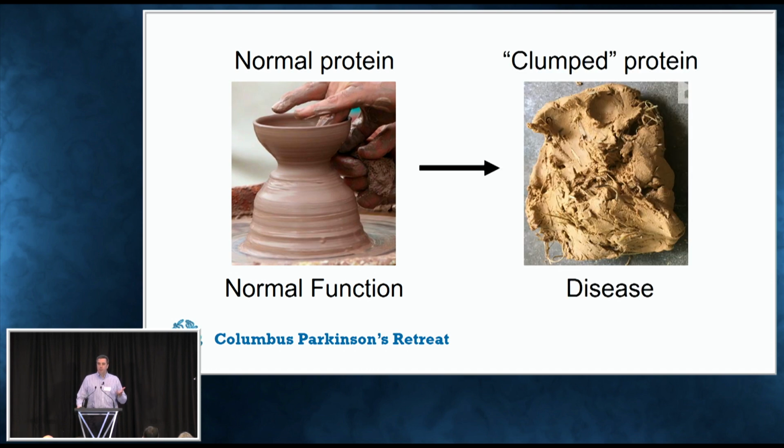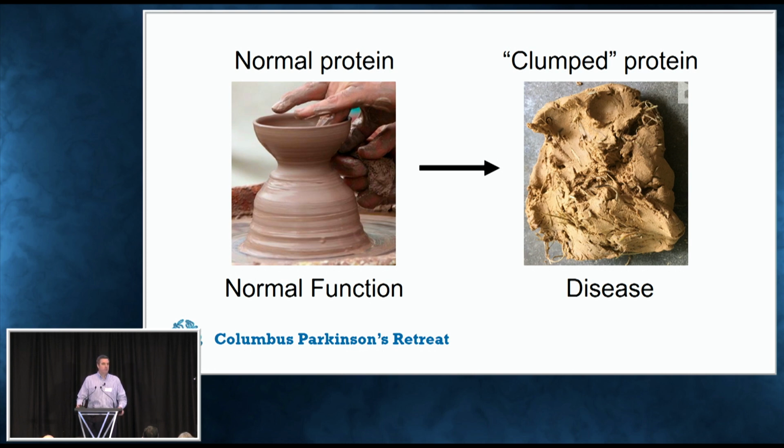Proteins can become altered in their shape, they can be modified chemically, and they can actually clump together. So the clay protein here, for example, clumps into a nasty-looking clump of clay with, I guess, grass in it, and so it's not going to do what it was supposed to do.